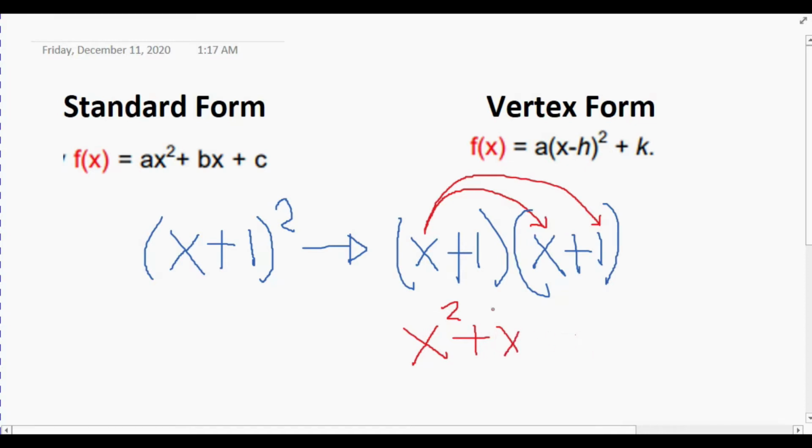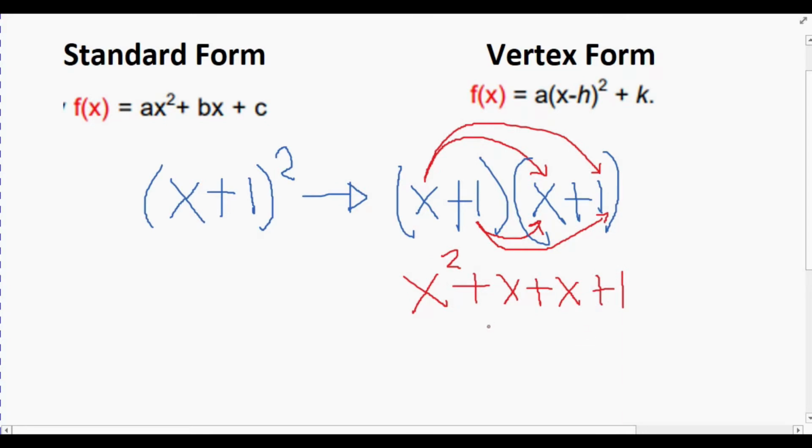And then the inner terms, 1 times x, so still x. And then the last terms: 1 times 1 is 1. Then after that, we combine like terms.